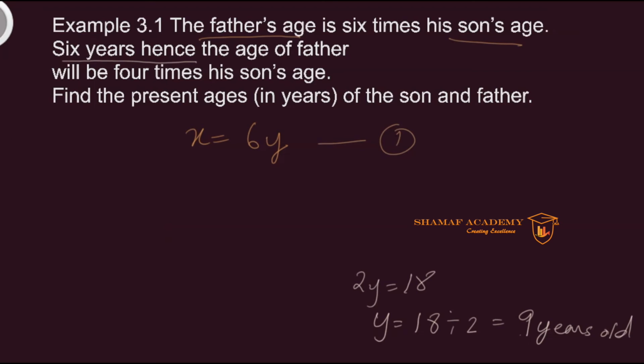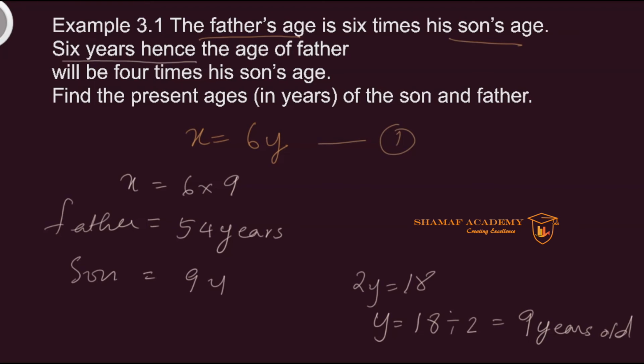So now we have y, which is 9. So x equals 6 into 9, which is 54. So x is the father's age, right? So the father is 54 years old and the son is 9 years old.